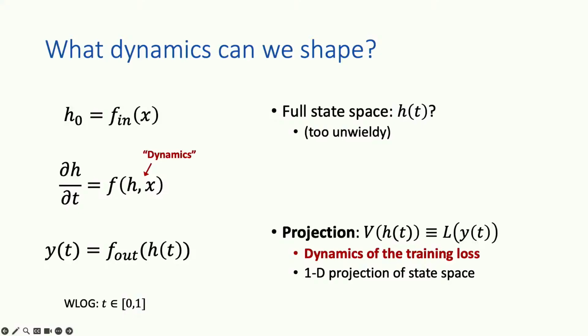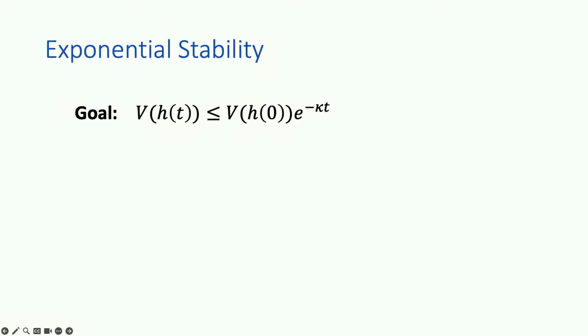In other words, we want to analyze the dynamics of the training loss as we do this ODE integration. And in control-theoretic terms, you could think of this as a one-dimensional projection of the state space, just like any potential function. And the property that we're going to care about, although there are others one could care about, is called exponential stability.